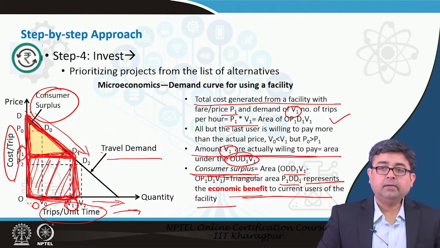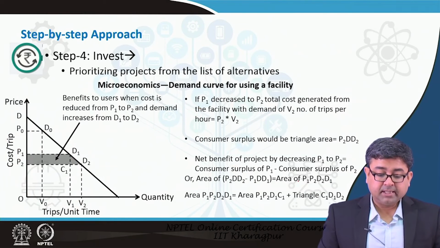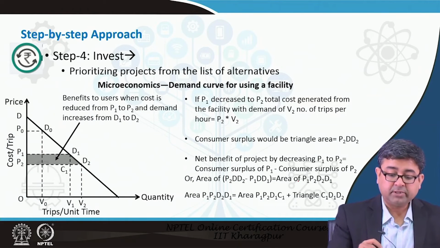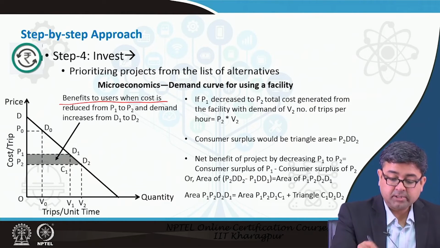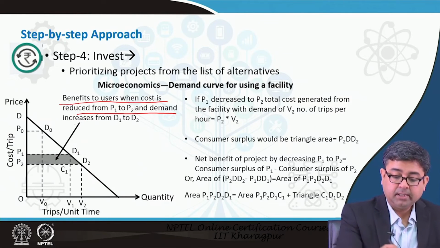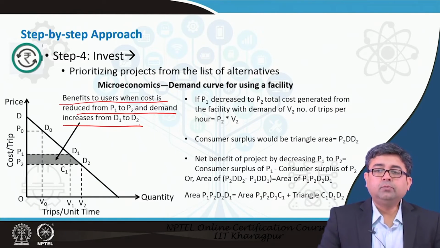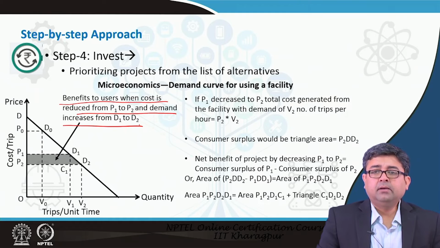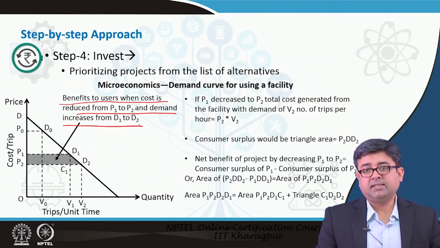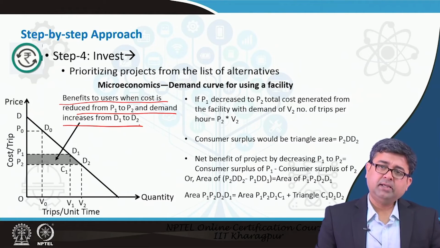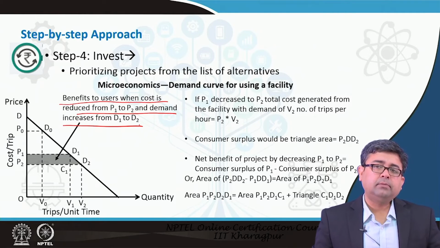Okay. Now, the next thing is to know what the benefits to the users are when the cost is reduced from P1 to P2 and demand increases. Sometimes, for an existing facility, you may not have enough users. There is an existing bicycle lane, but to avail that bicycle lane you may have to use the public bicycle sharing system, which costs a certain amount of money, and hence you see that you have put up these lanes, but nobody is using these lanes or the public bicycle sharing system because of the price.